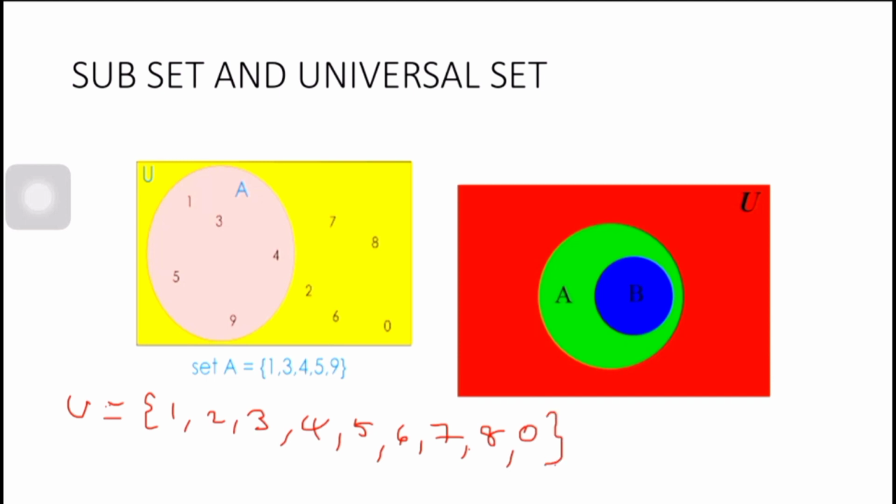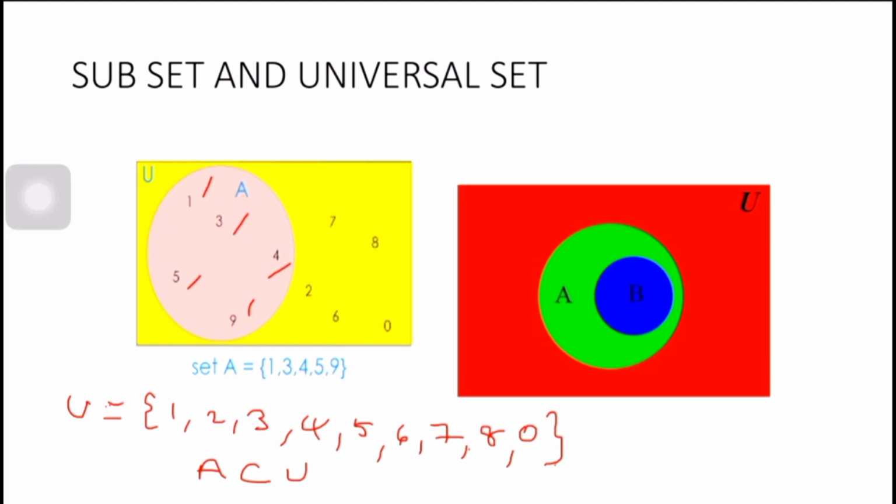Universal set means it consists of all the elements in the rectangular box. Here A can be written as 1, 3, 4, 5, 9. A consists of 1, 3, 4, 5, 9.